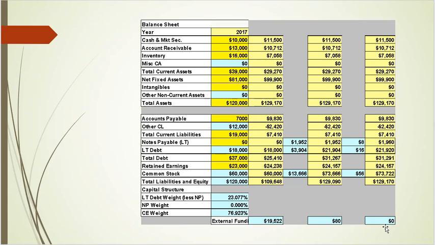And if you look at the bottom here, we have now distributed the entire $19,522 throughout the balance sheet, also affecting interest expense. So now we have a balance sheet that balances. This third approximation is what we predict the balance sheet to look like next year. The previous slide is what we predict the income statement to be next year.